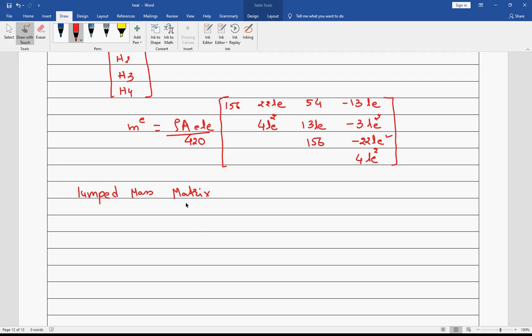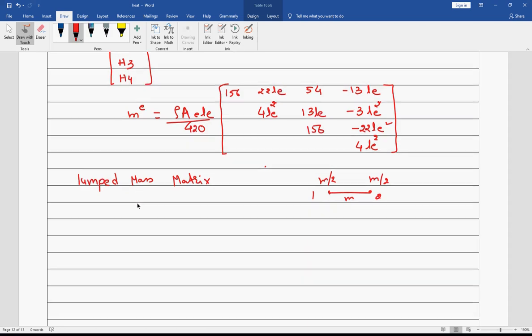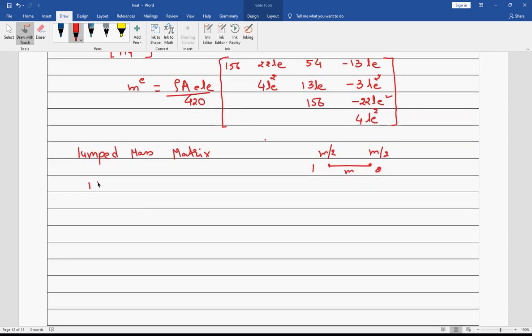Okay, so lump mass means a lump sum mass, that is the idea. So this is a 1D element. I have node 1 and node 2. Let us say m is the mass of this element. So what it suggests is that half the mass is acting at node 1 and half the mass is acting at node 2. This is the basic assumption, and on this basis a lump mass matrix is created.